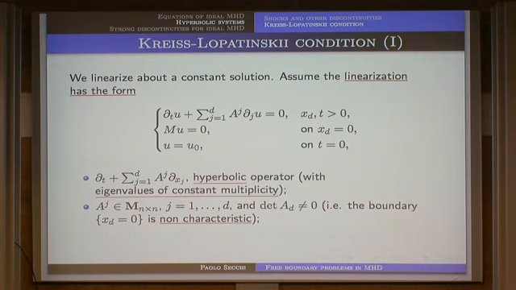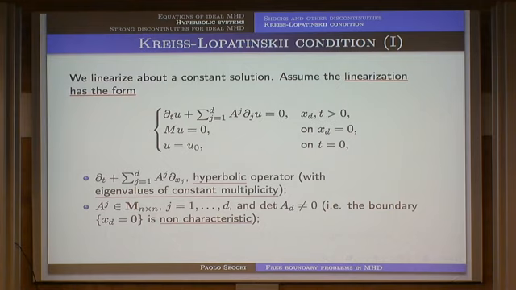Now we linearize everything, to try to get some information about this problem. We linearize about a piecewise constant solution with a flat front of discontinuity, and assume that after some transformation we can go to this linearized system.